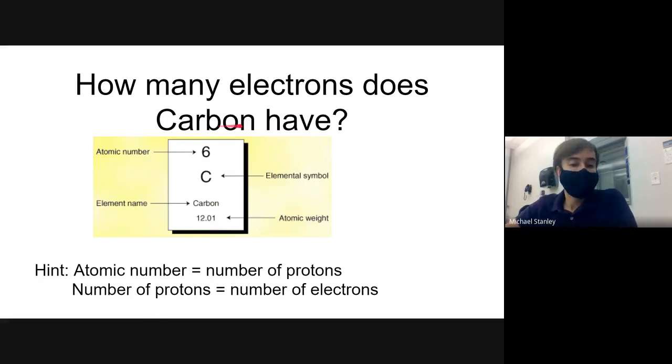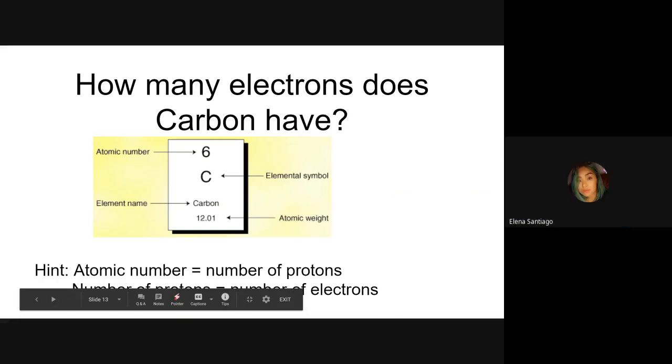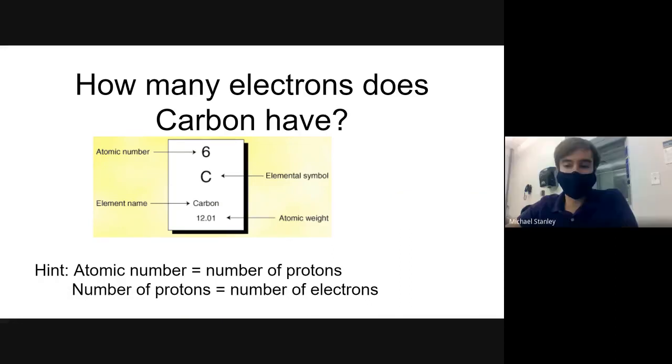So how many electrons are in one atom of carbon? 6. 6. Bingo. And Elena, how did you know that there were 6 electrons in carbon?